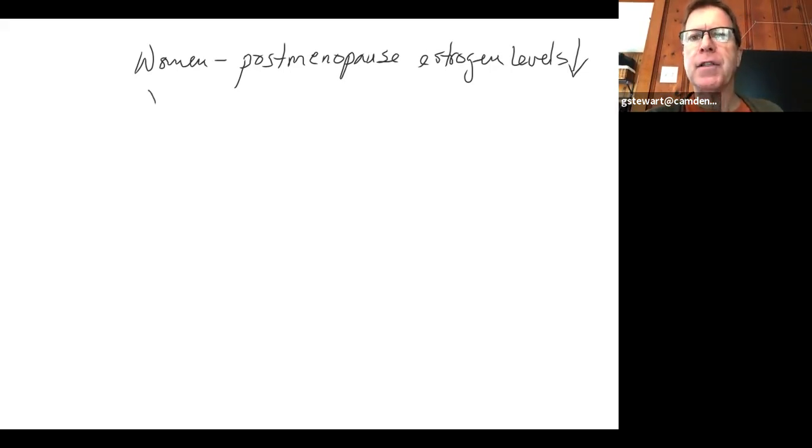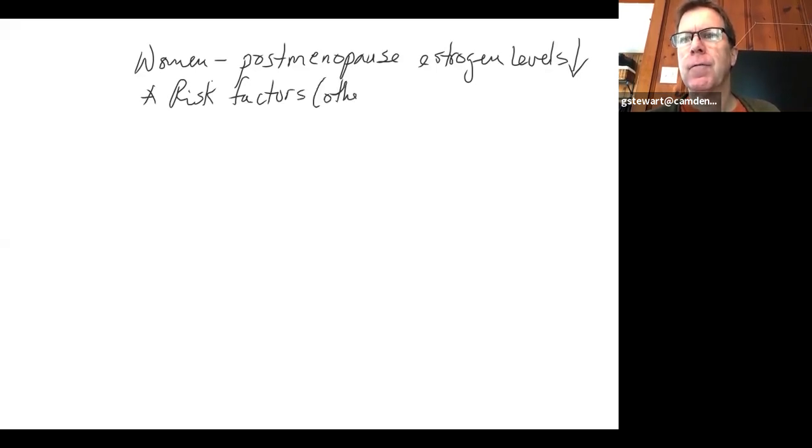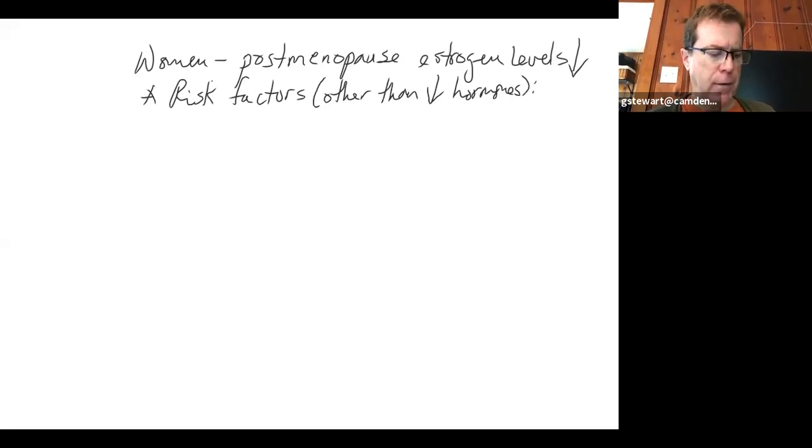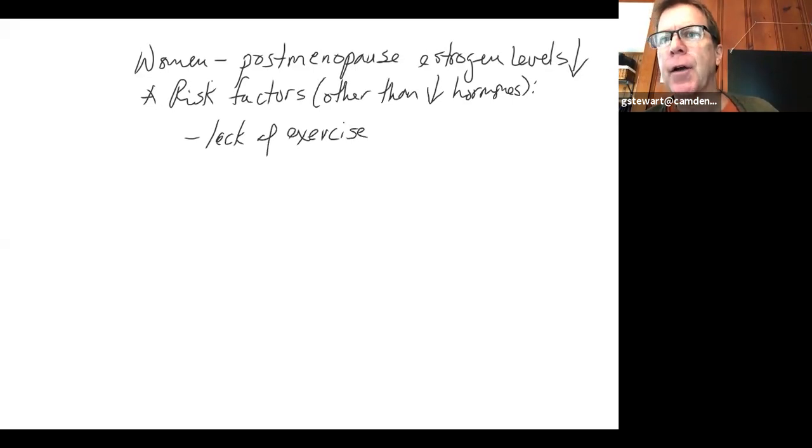Now, there's other risk factors other than just aging and reduction of steroid hormone. And those are lack of exercise, because as we learned in the previous sections, exercise and stress, tendons pulling on bones, invigorate osteoblast activity from Wolff's Law.